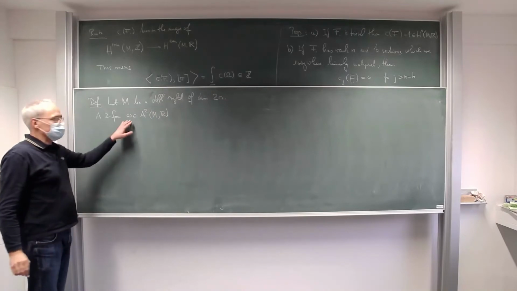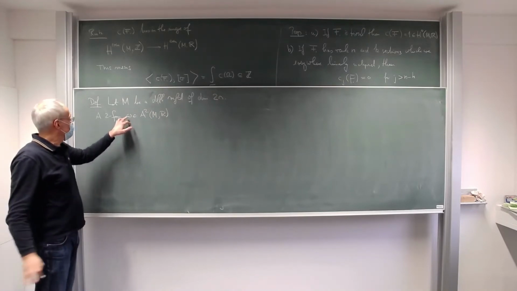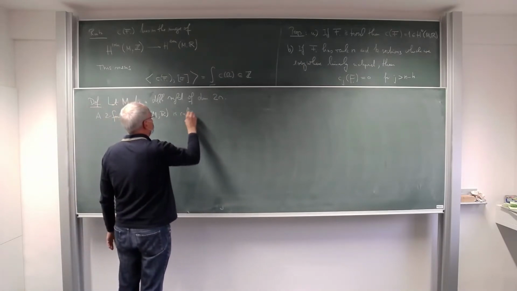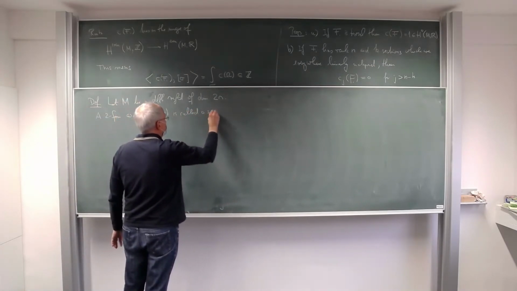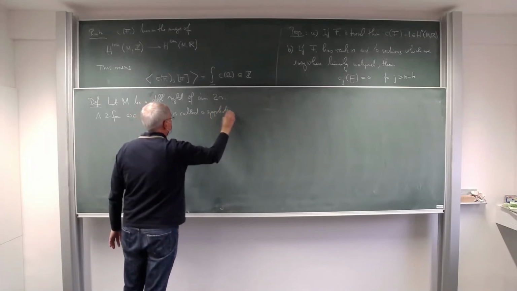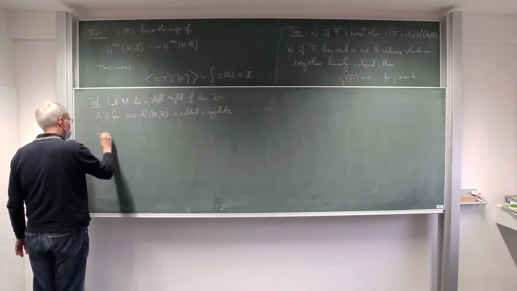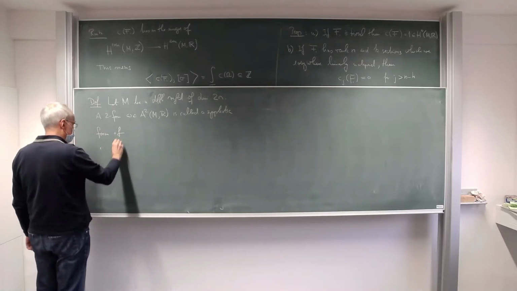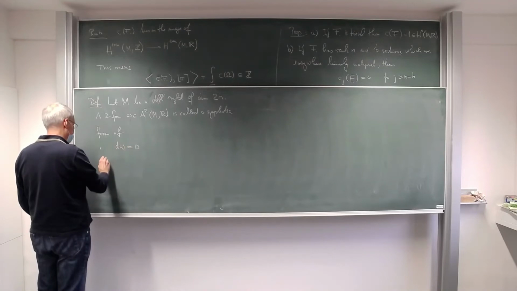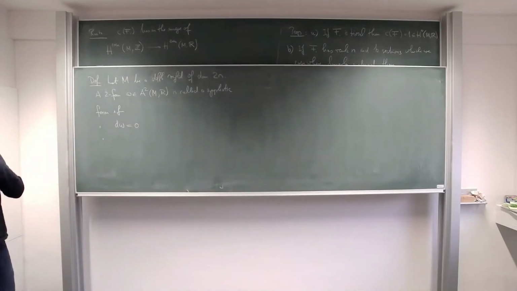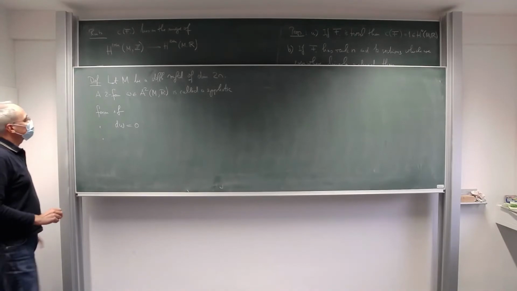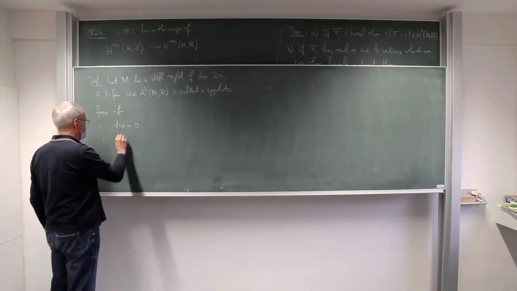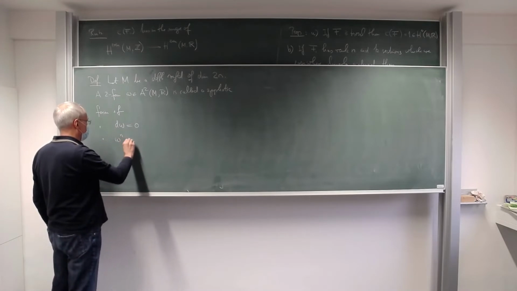So this has nothing to do with the connection form. This is a 2-form, some 2-form, little omega, called the symplectic form, if two conditions hold. Firstly, it must be closed. And secondly, it must be non-degenerate. There are various ways to formulate this. So what I can do is take the n-fold wedge product.